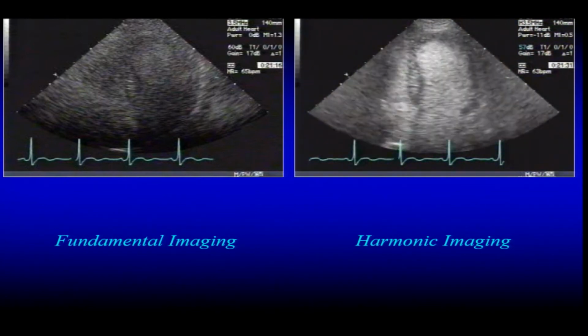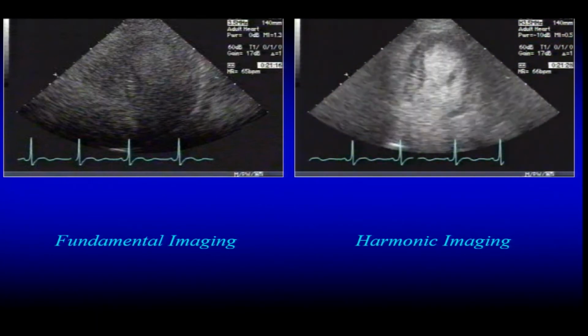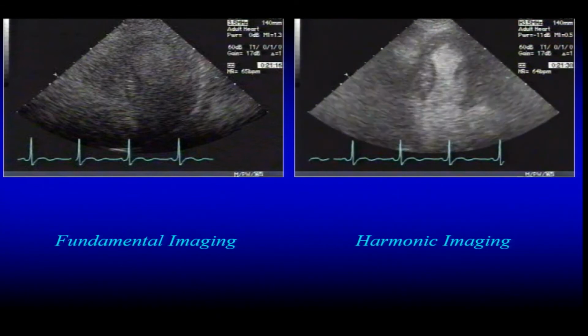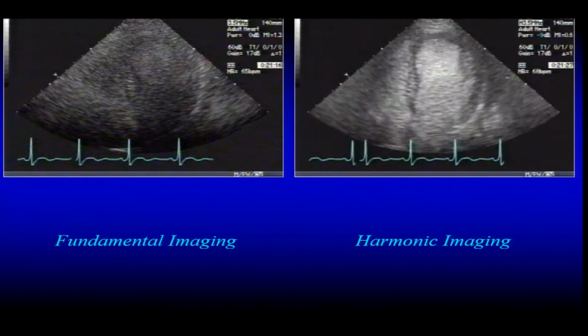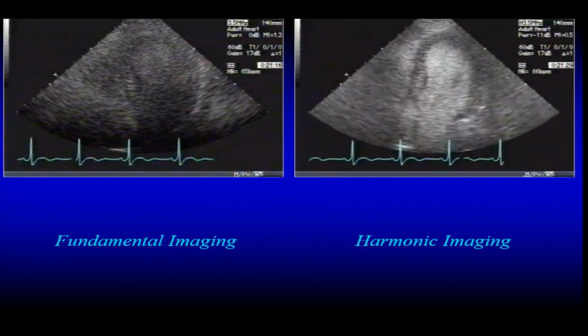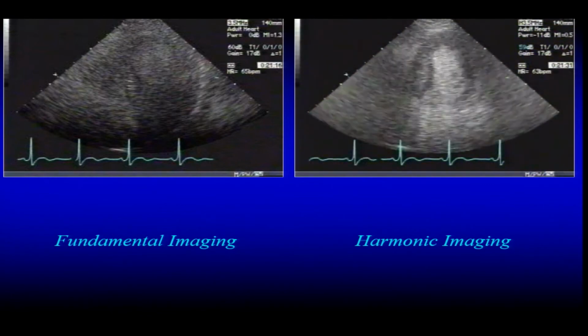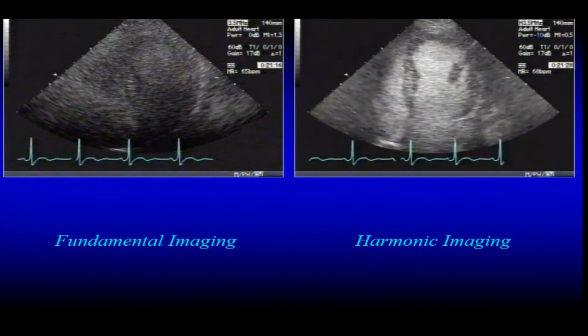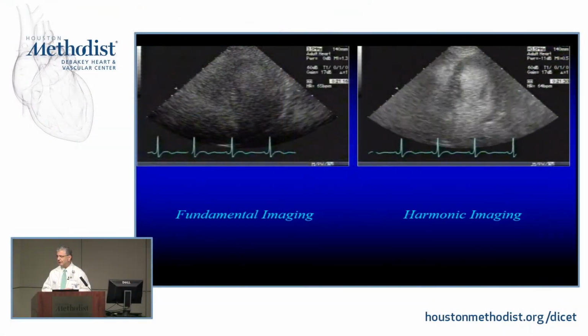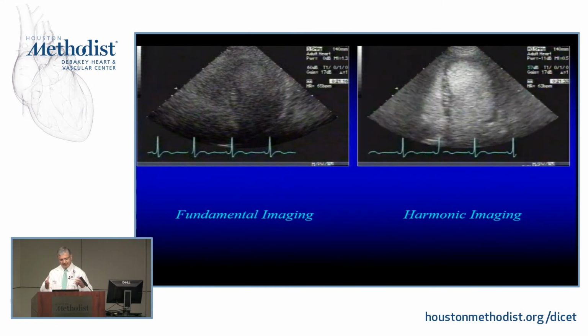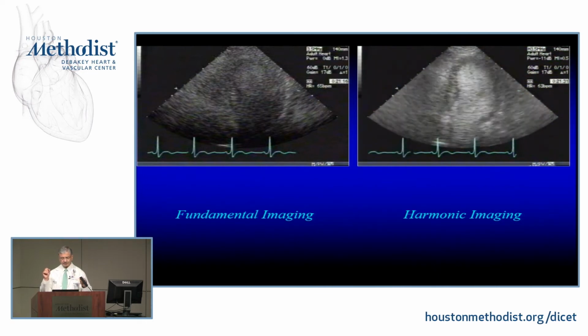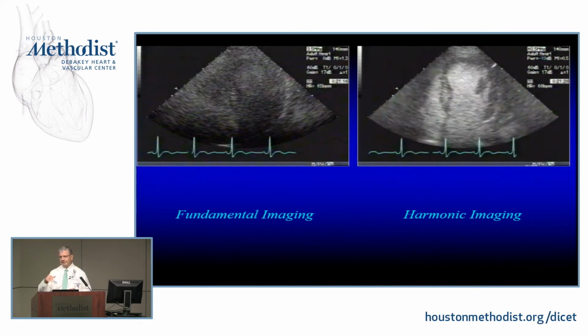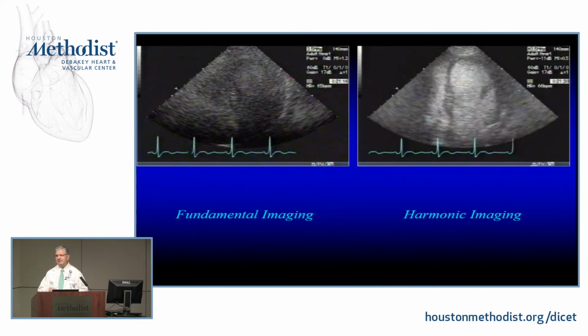The signal from contrast increases so much. I still have a decent signal from the myocardium. However, the differentiation between contrast and myocardium is so much better. Now I take a look at wall motion. I could do whatever quantitation you want to do. Okay? So nowadays, most of our ultrasound machines are set up for contrast imaging. So it takes you to harmonic, it sets it up, sets what the mechanical index is and everything else.